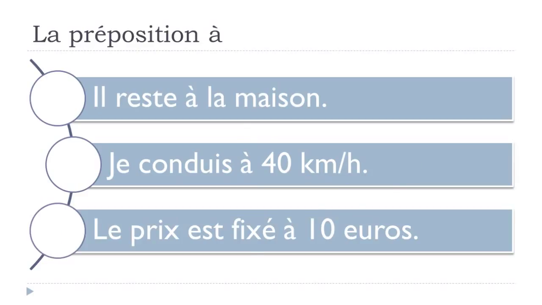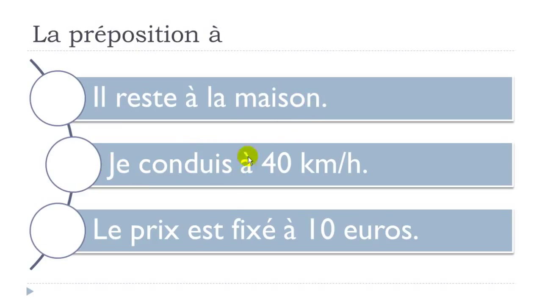And then the last example we could have for this at is for the price, like here, à 10 euros. Le prix, the price, est fixé, okay, à 10 euros. So in that case, it would be translated by this at, but in French we would use this à. Okay, so, il reste à la maison.